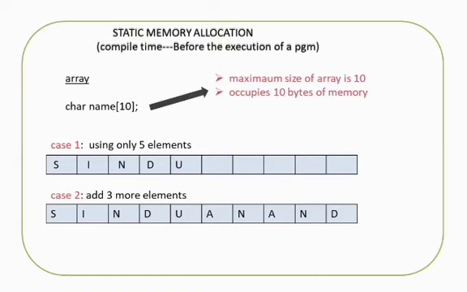Here 10 bytes of memory is allocated. Then case 2. 10 elements are there, right? So 10 bytes of memory is allocated. If we need to add 3 more elements in the array, it is not possible. Okay. So these two cases are not possible with compile time allocation.